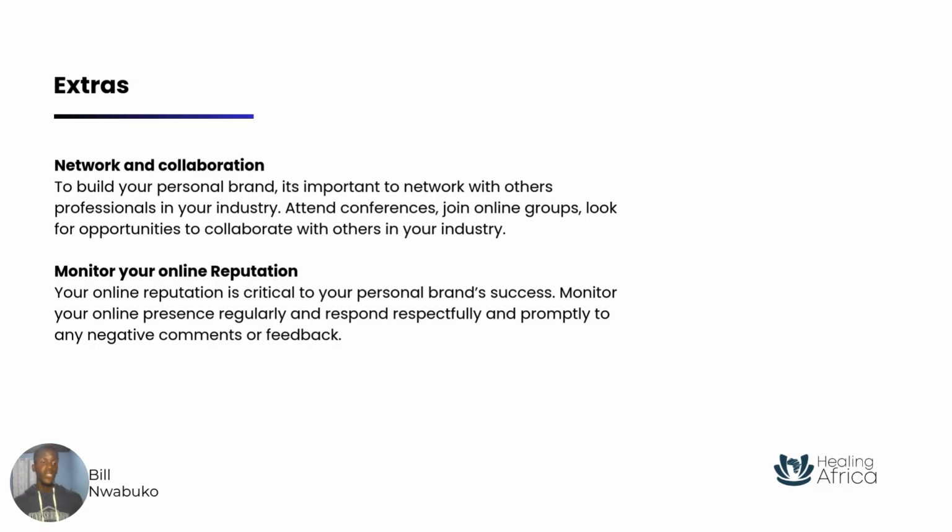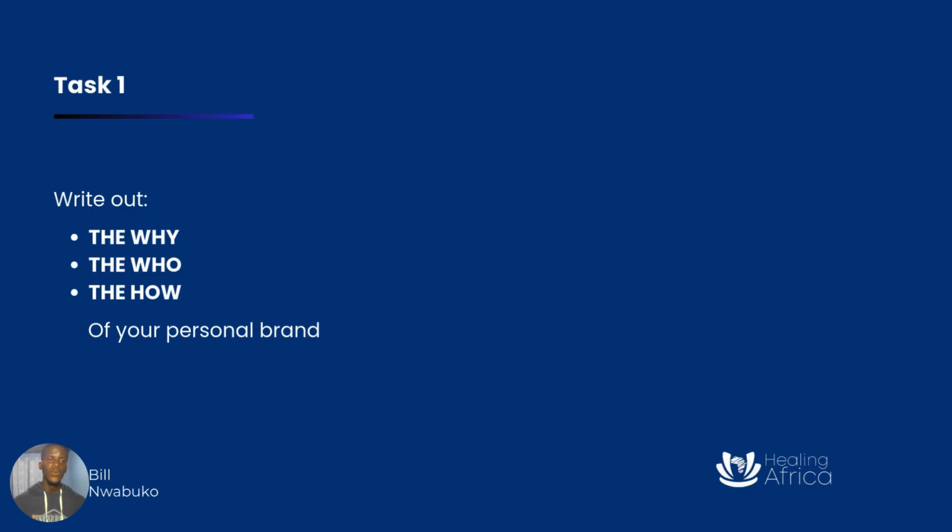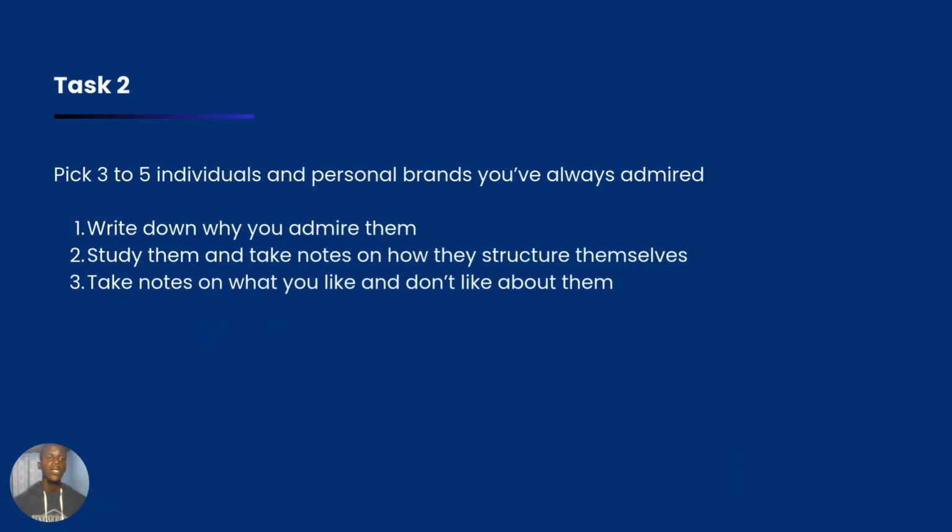So I have a few tasks that I'm going to give afterwards. For task one, you have to write out your why, your who, and how of your personal brand, and that will be submitted to the tribe. For the second task, you have to pick 3 to 5 individuals or personal brands that you've always admired.